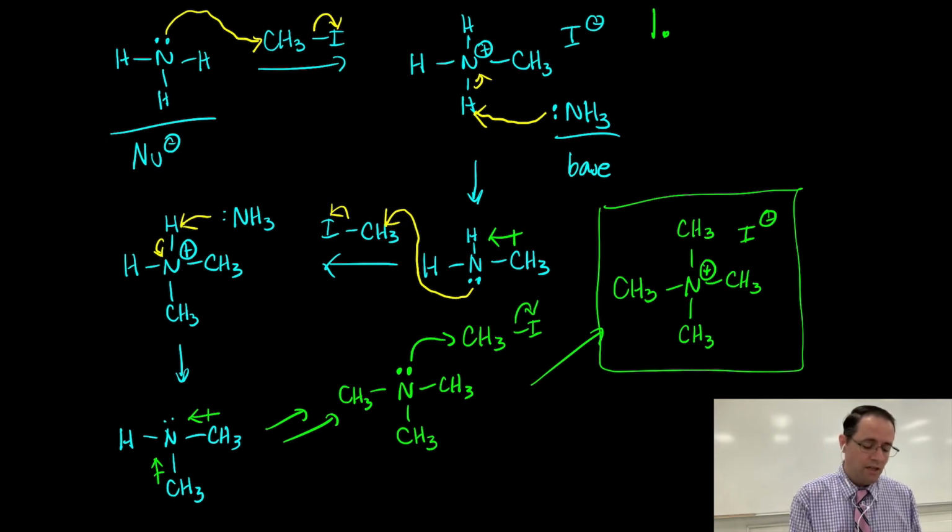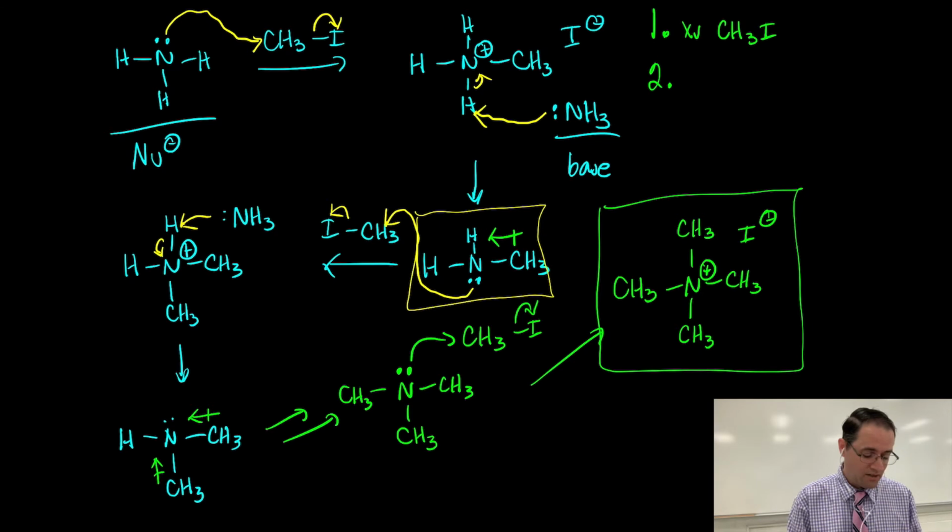So the point I want to make here is that if you want to make that tetramethylammonium iodide that I've placed in the green box, you're going to use excess methyl iodide and ammonia to effect this transformation. You cannot just synthesize methylamine, which let's place in a yellow box. Here's methylamine. You can't just make methylamine by reacting one equivalent of ammonia with one equivalent of methyl iodide, because as I said, each successive alkylation makes the amine even more nucleophilic.